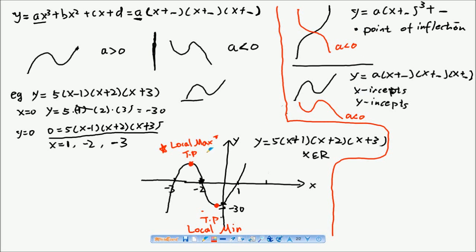Okay, also the local turning points: if you sketch a graph like this, you have to know the local maximum turning point or the local minimum turning point. Okay, now let's do some example questions.